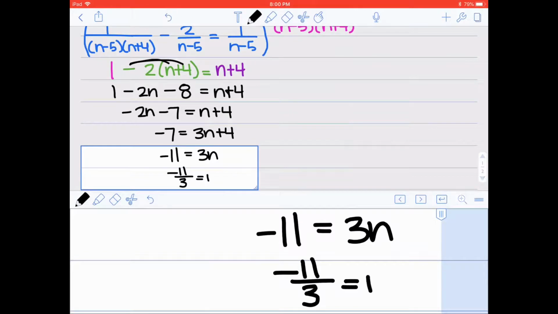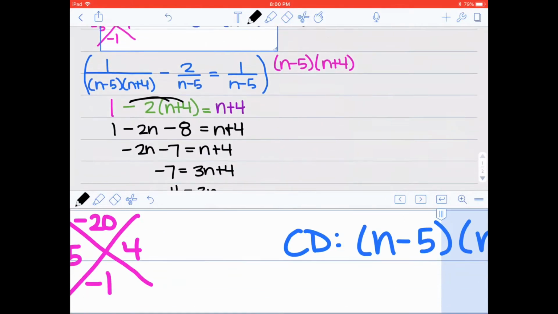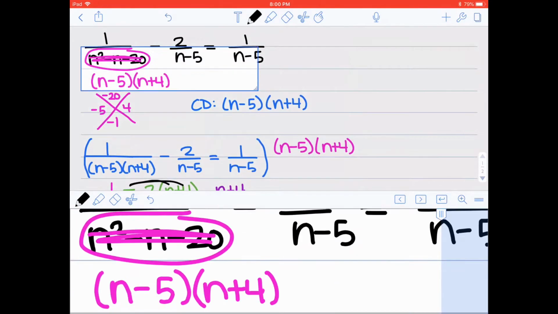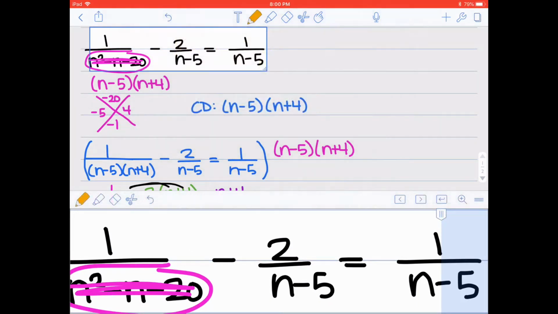And I get -11/3 is the solution. Before I can make any conclusion that this is the perfect answer here, I do need to go back to the problem and check my excluded values and make sure that I'm not running into an answer that I should have excluded.